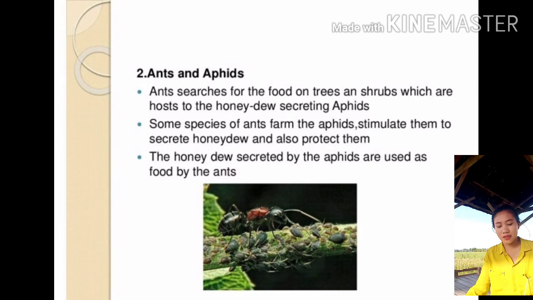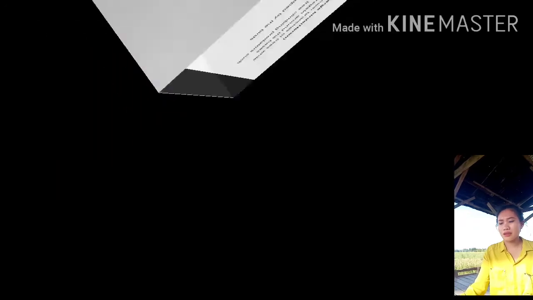The ants give protection for the aphids, while the aphids give honeydew as food for the ants. Both are benefiting with each other. However, they can still survive even if the aphids are not giving honeydew to the ants and the aphids are not protected by the ants.